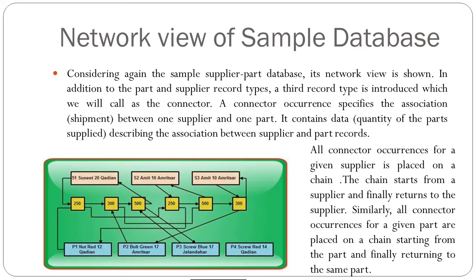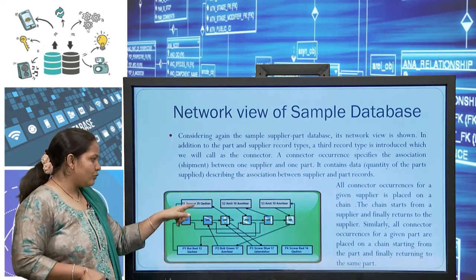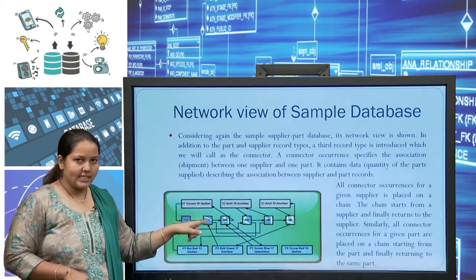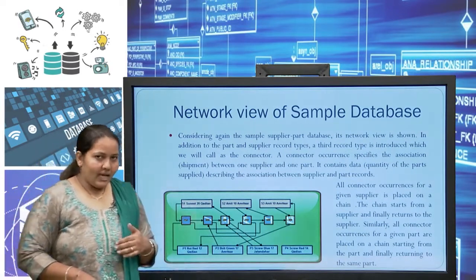Just see here, this is the example. Sunit supplies which part? P1, that is nut, which quantity? 250. If Sunit also supplies P2, then I have to add one more connector, that is 300, and then P2, if that is added.